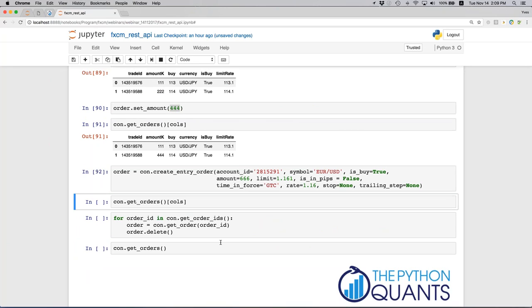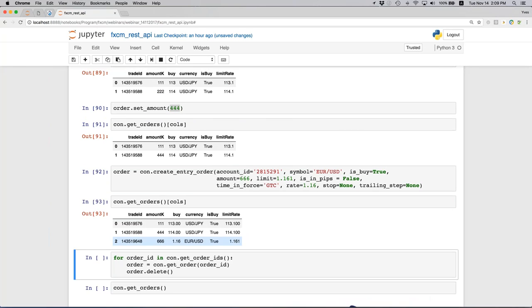Just creating another order for euro US dollar with different numbers here. As you can see, we now have 3 orders live, and maybe none of your orders during the day, or just a smaller subset, has been executed. Usually at 4 p.m. in the afternoon, I close out everything and I cancel all orders, and this is what is done here.